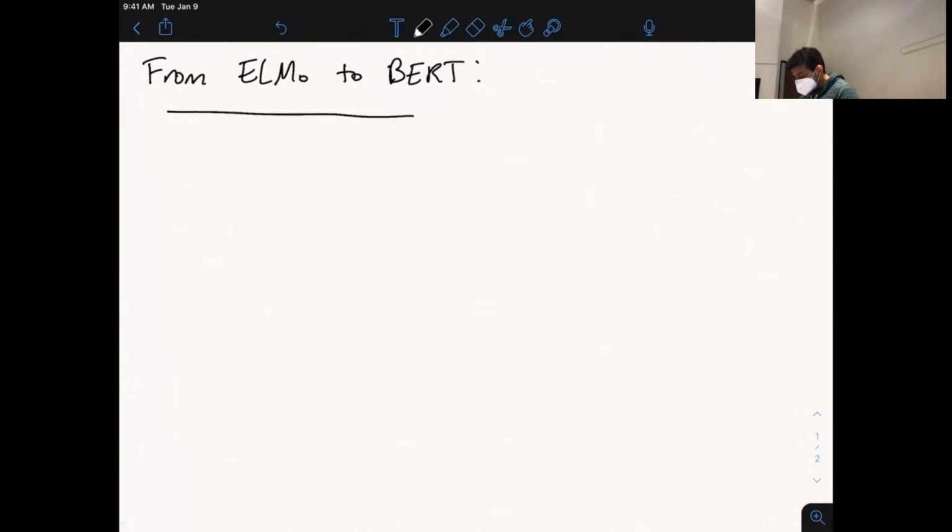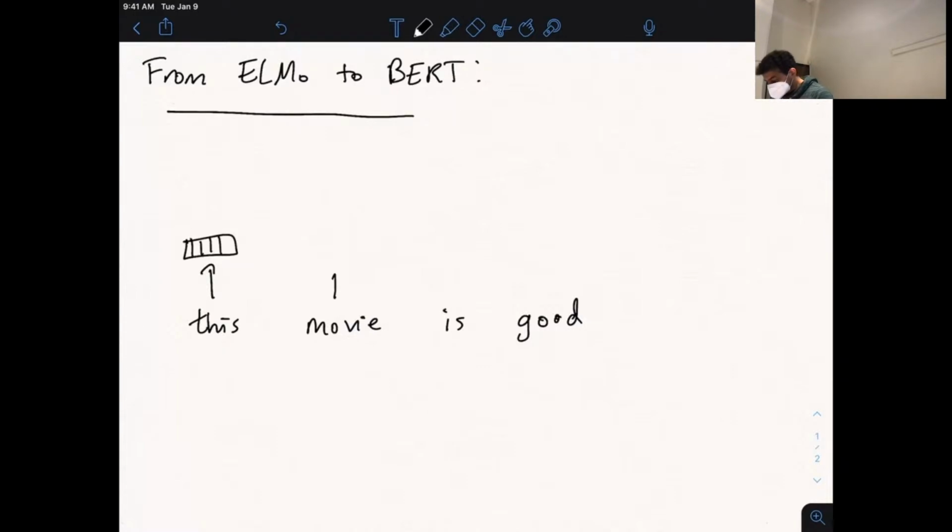So if you remember, our goal was, given some sentence like this movie is good, we would have some kind of model that would create a vector representation of this sentence, and then we could pass it into a classifier.